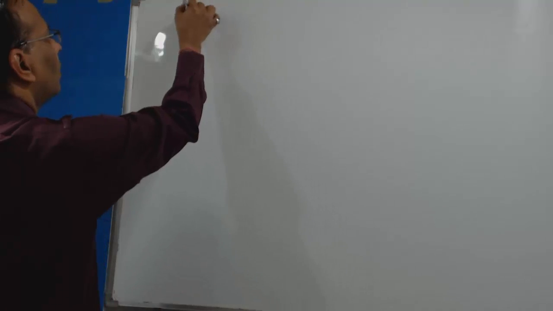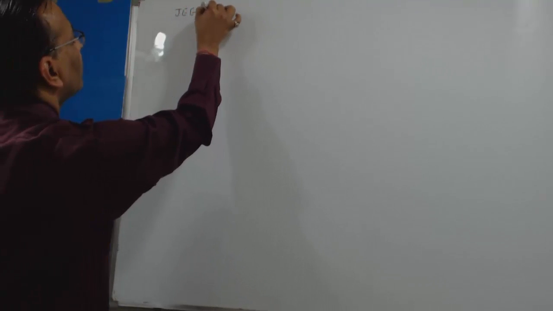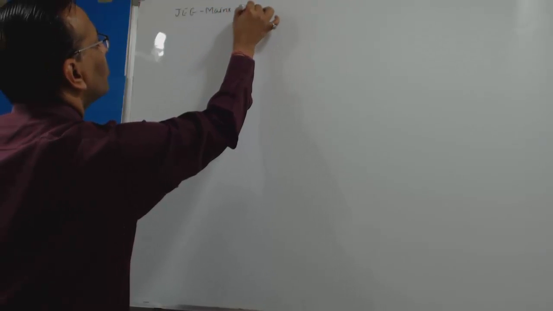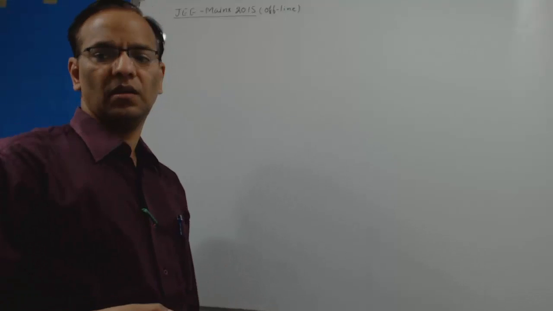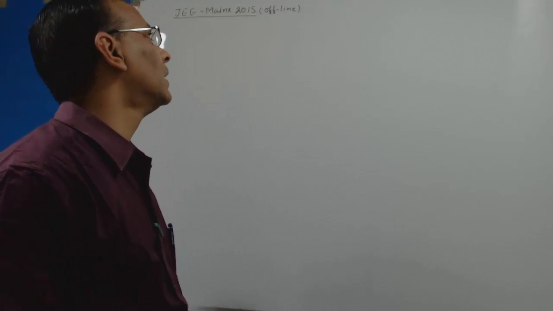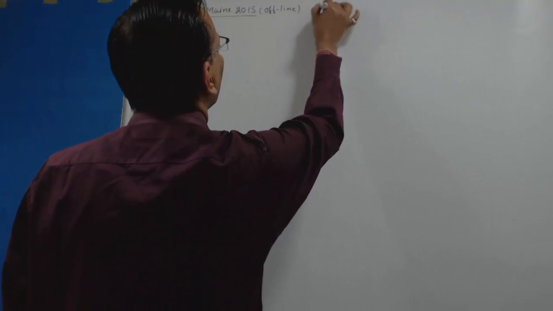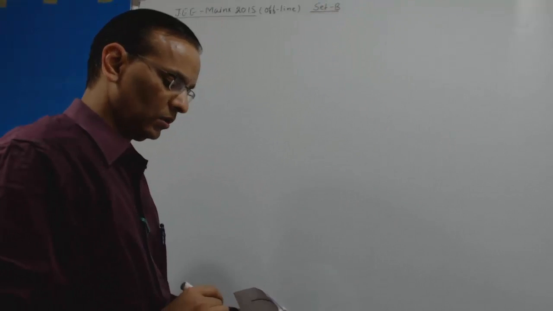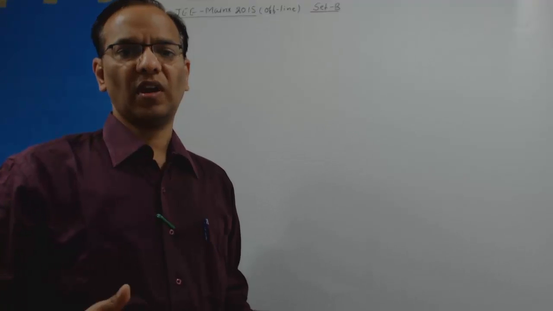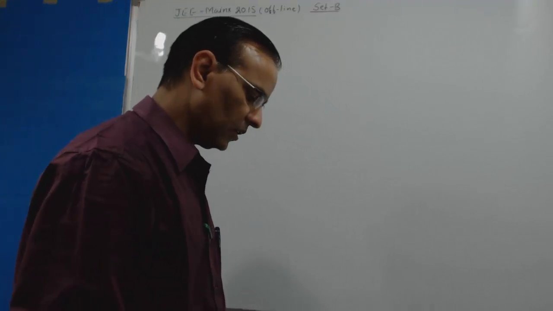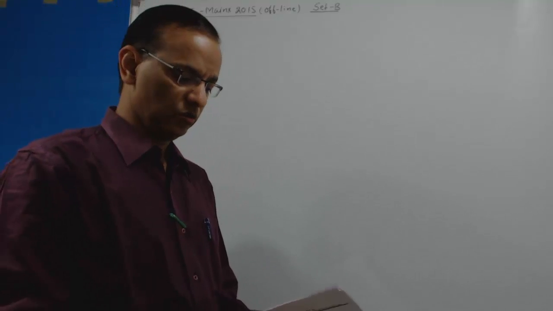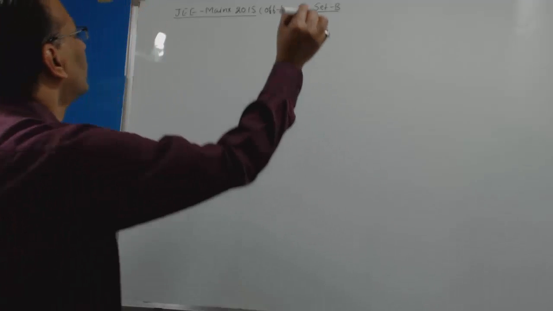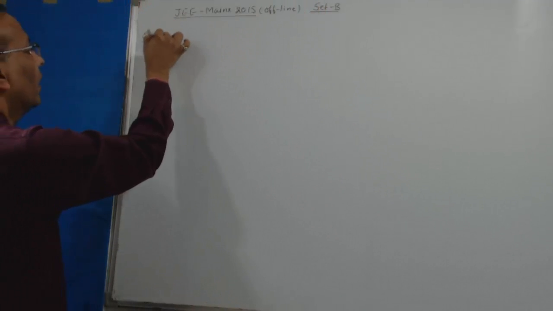So the paper in my hand is JEE mains 2015 offline, that is pen and paper exam, and the question paper I have is set B. I'm a chemistry instructor, so I'm going to solve the chemistry part only, and you will see a lot of difference between this solution and the solutions provided by some of the great teachers of the so-called Great Institute of India. So let us start with question number 1.